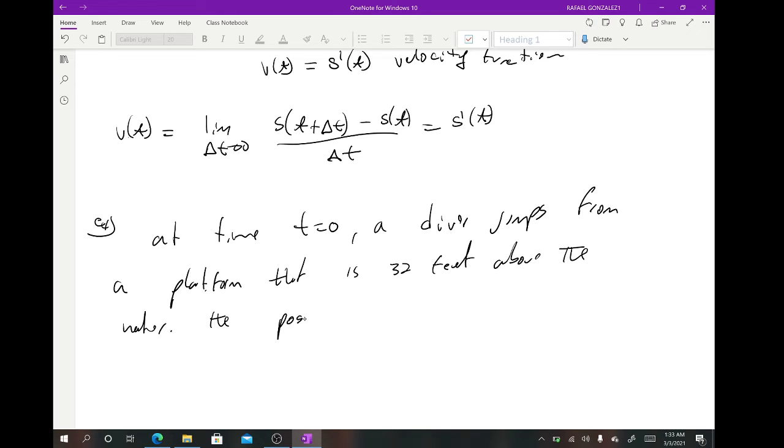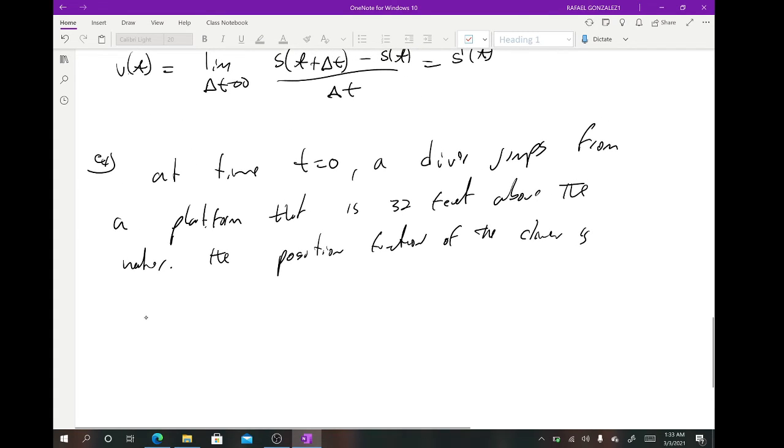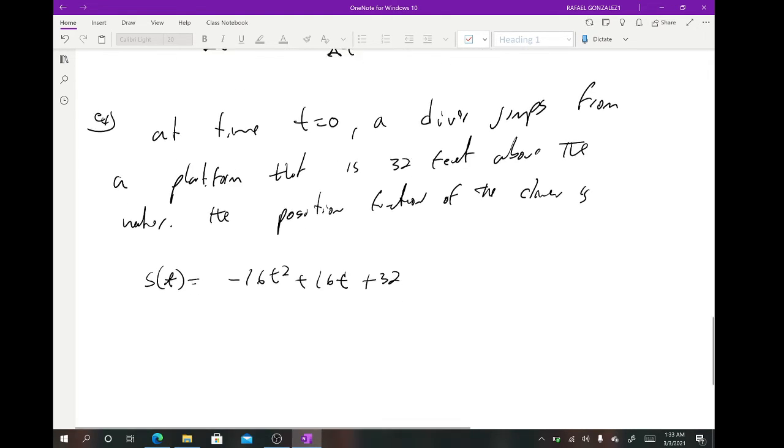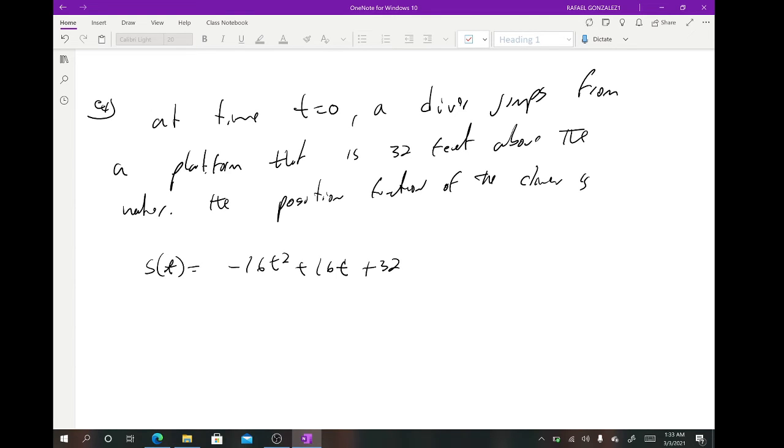The position function of the diver is s of t equals negative 16t squared plus 16t plus 32. So that's the position function, and here s is measuring feet, and t is measuring seconds.